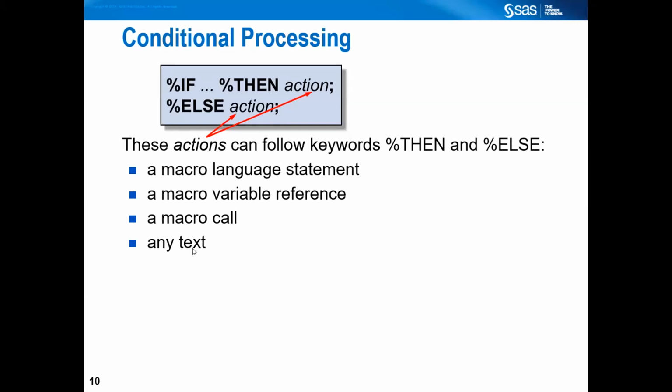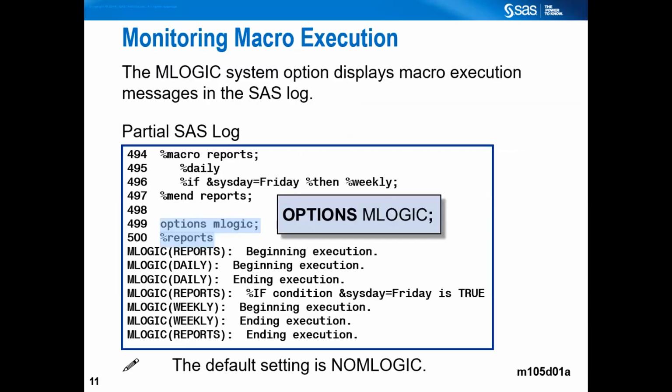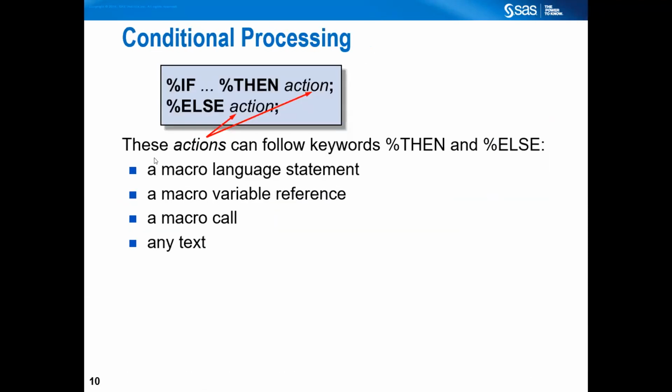Anything among these could be your actions. In our example, we used a macro call. Got it? Understood? So what is valid when you write this action? You can write either a macro language statement, a macro variable, a macro call, or any text.